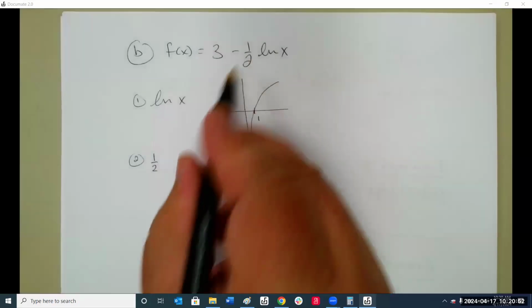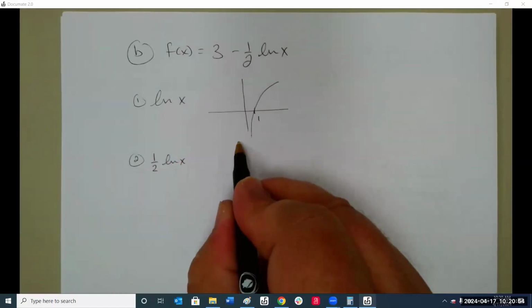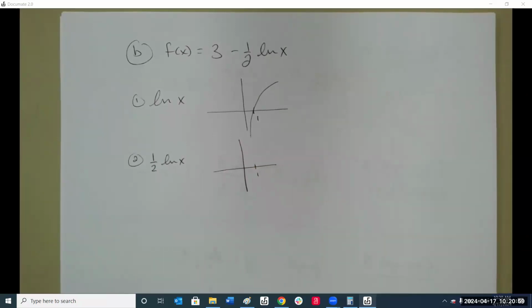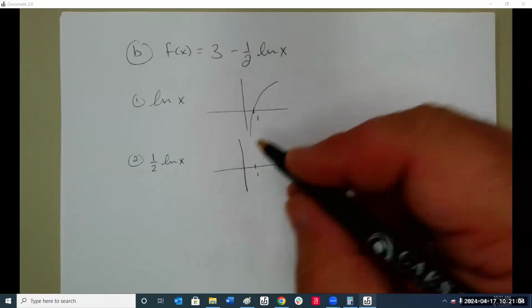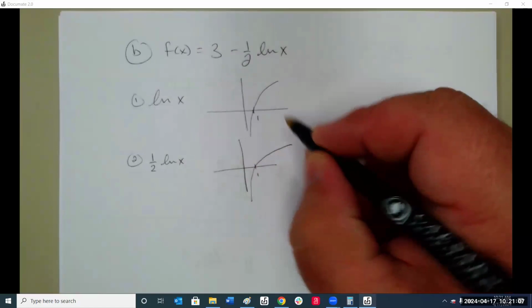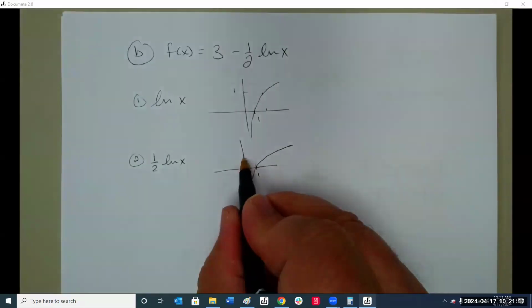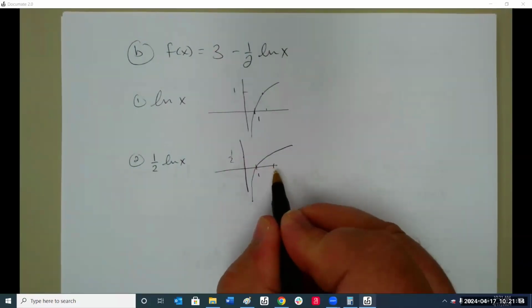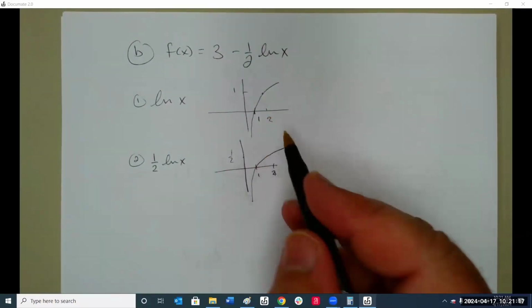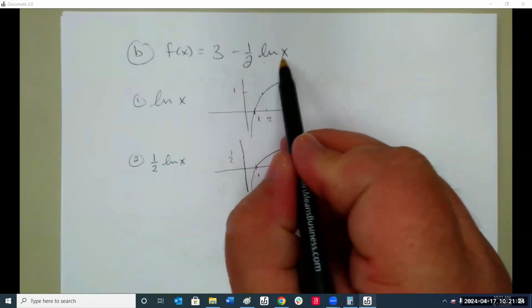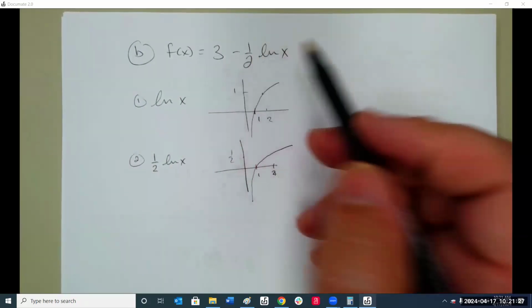Well, let's just build it out. 1/2 ln x makes it do what? It makes all the y values half as much. So if this was 1, it's now a half. It's a vertical compression, because whatever ln is, let's say it's 4, divided by 2, there's your new y value.